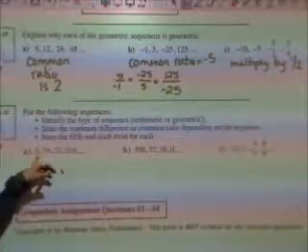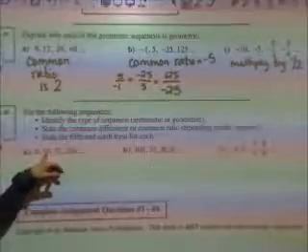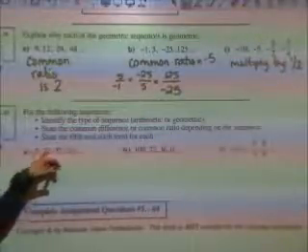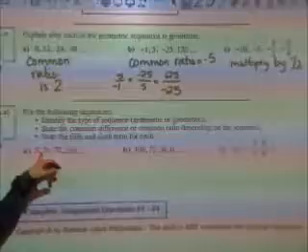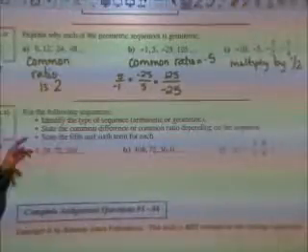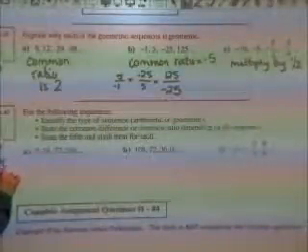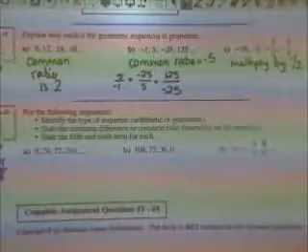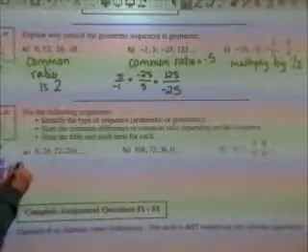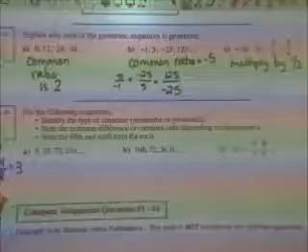Yeah, if I look at this, I know that the difference between 8 and 24 and 24 and 72 can't be the same. So if I can eliminate arithmetic, then I can focus on the geometric. I can check if it's geometric by looking for that common ratio. So what's 24 divided by 8? Okay. Do I get the same thing if I go 72 divided by 24?